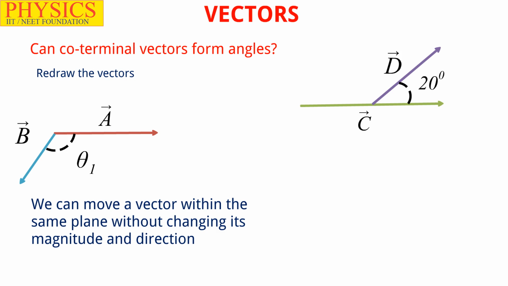Yes, the answer is 20 degrees. How, sir? Let us see. We need to redraw these vectors again. I move vector D so that they become co-initial vectors. Now what is the angle between them? Very good, 20 degrees. I think you got the concept.